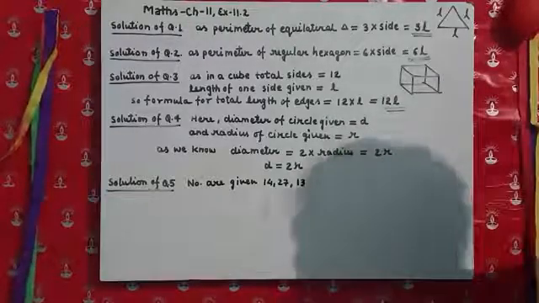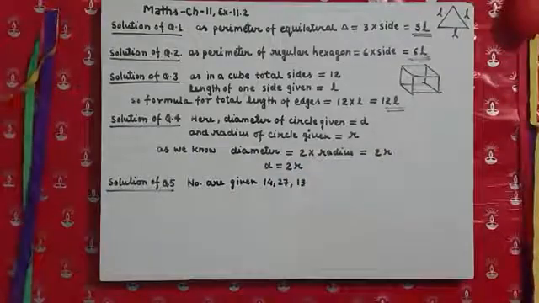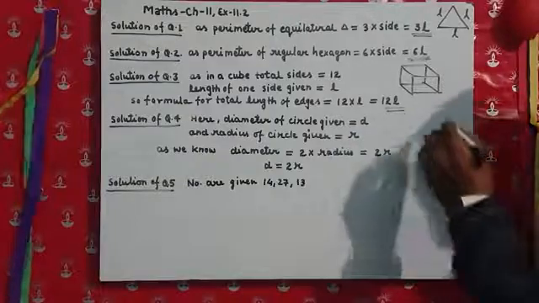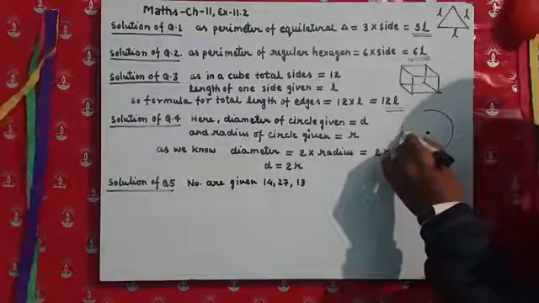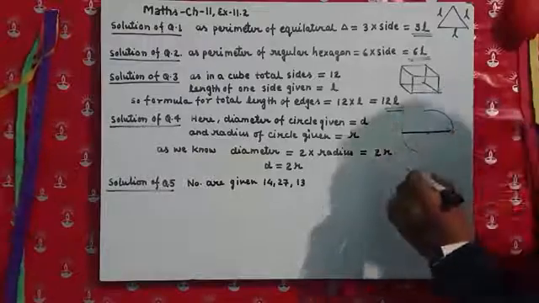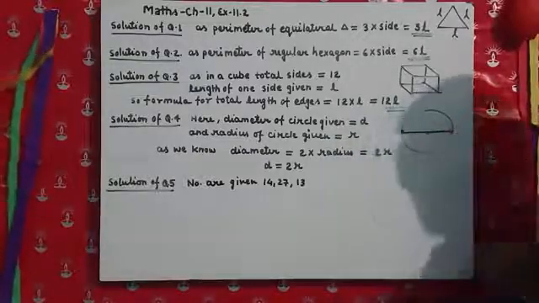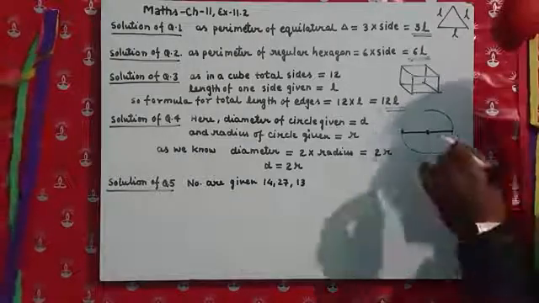Now going to question number 4. In question number 4, the question is about the diameter of a circle. Suppose that a circle is given. We know very well that the diameter is a line passing through the center and joining 2 points of the circle. If this one is the center, then this is called the diameter.